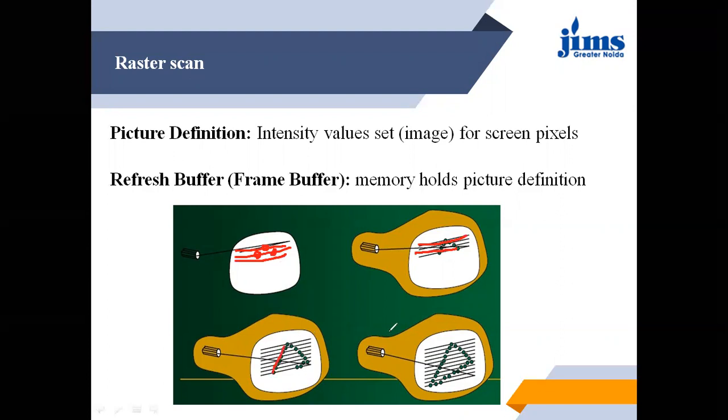When we are displaying an image, on each and every scan line, we display only the pixels corresponding to that object.